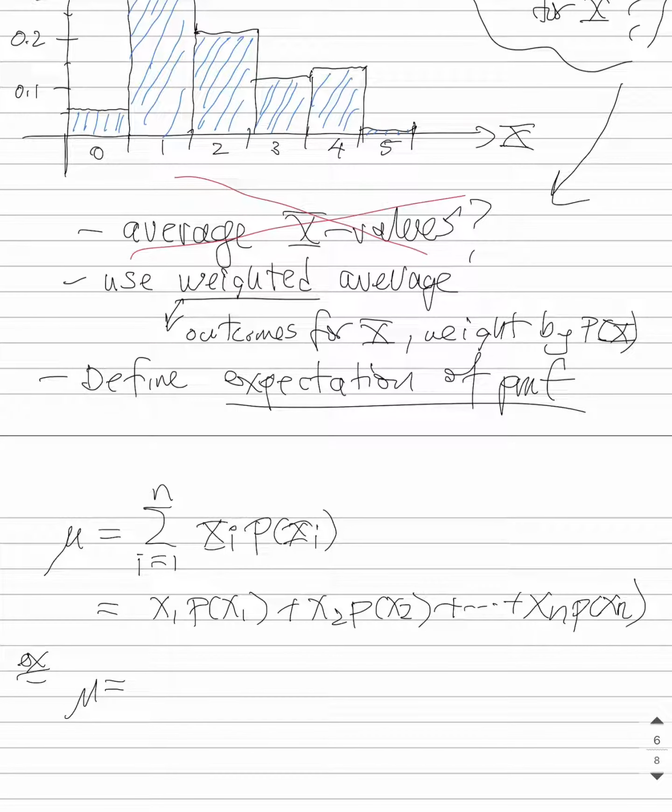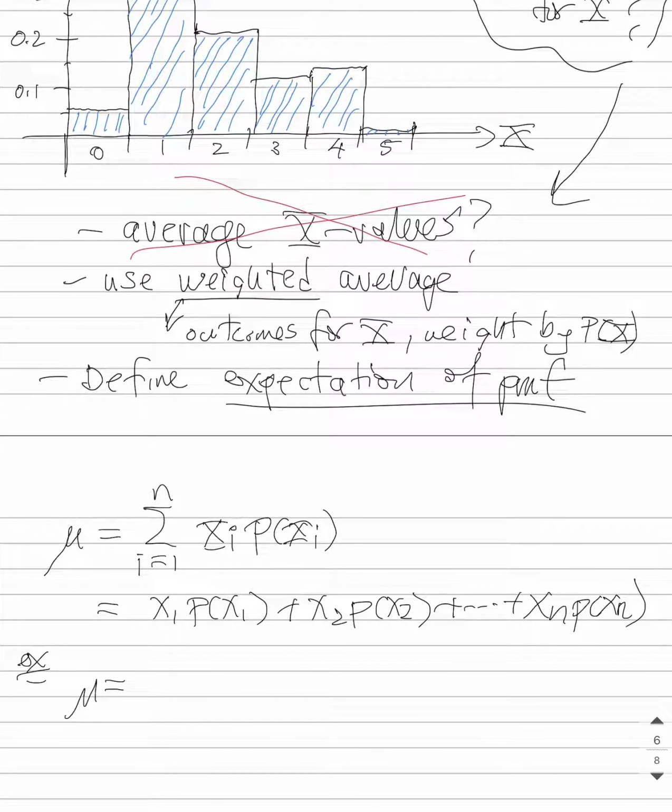Now you might say, well, how am I supposed to get 1.97? This is not one of the outcomes from X. We should think of this as a long-run average.